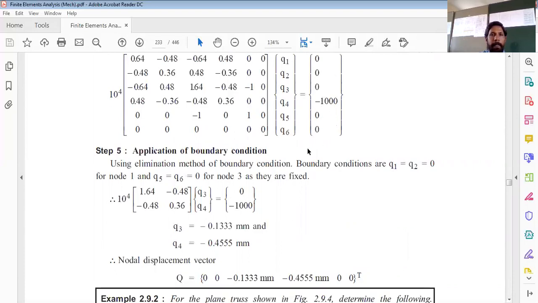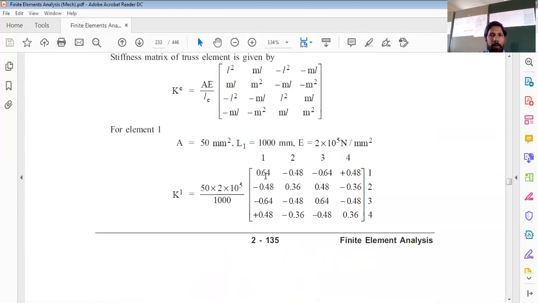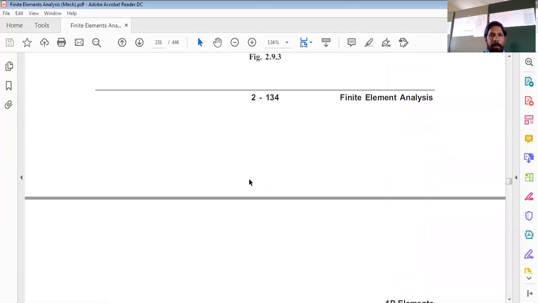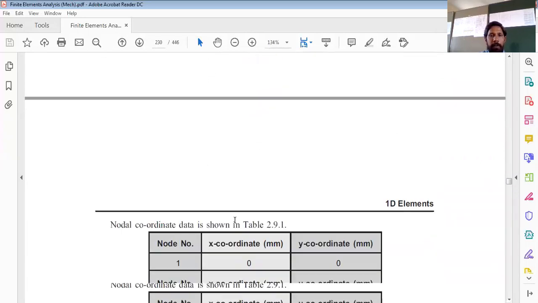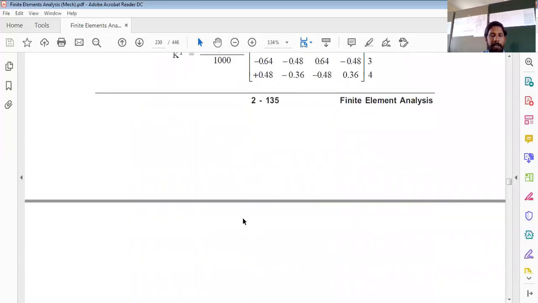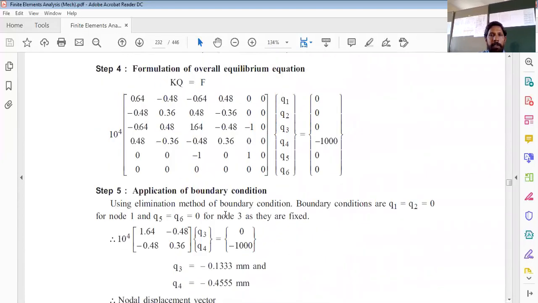Now, looking at the problem, node 1 and node 3 are completely fixed, meaning that the displacements Q1, Q2 are 0, and Q5 and Q6 are 0. If you apply the boundary condition elimination method, definitely the values of Q1 and Q2 are 0 and also Q5 and Q6 are 0.